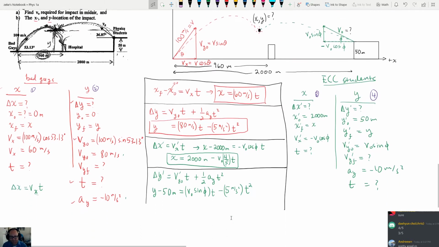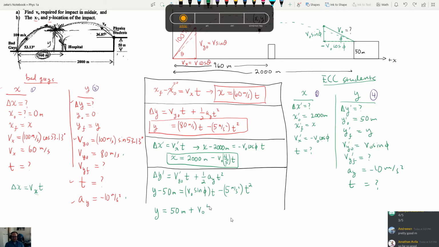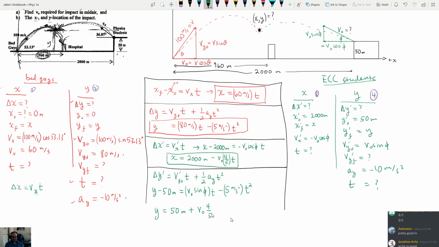Going down just a little bit. We're going to move the 50 to the right-hand side. So we're going to get y is equal to 50 meters plus v naught times sine phi, which is 4 over 5. I'll answer your question in a second, Tom. 4 over 5 t.